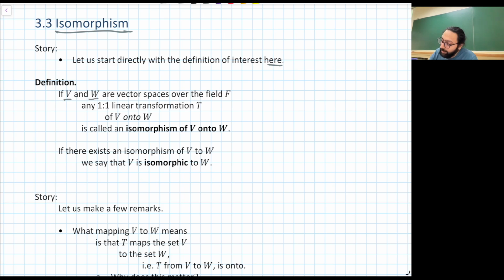If V and W are vector spaces over F, and you take any map from V to W that is linear and one-to-one, then this is going to be called an isomorphism of V onto W. Okay, so you need two properties. You need the map to be linear and you need it to be one-to-one. And if you have such a map that goes from V to W, we'll say it's an isomorphism of V onto W. Okay.